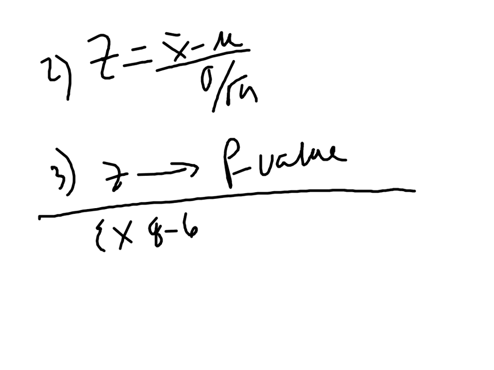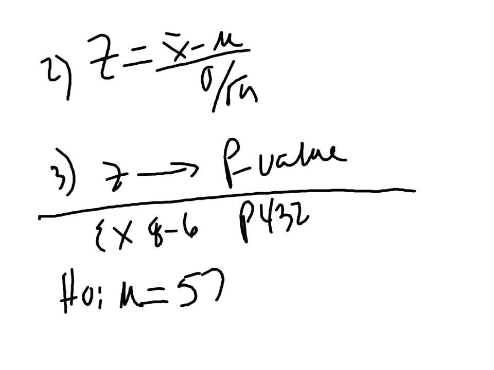on page 432, okay, we're going to test the claim that the average cost of tuition and fees at a 4-year public college is greater than $5,700. Well, right away, we know the null hypotheses would be it's equal to 5,700. And in this case, remember, we're claiming that it's greater, so our claim will go with the alternative hypotheses.